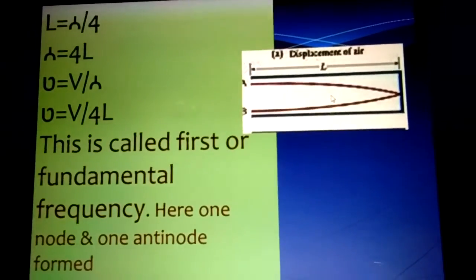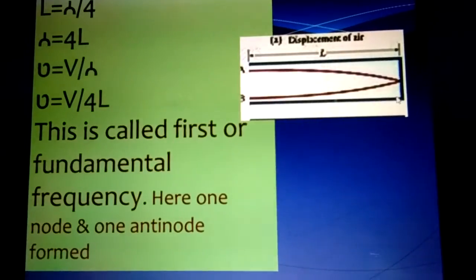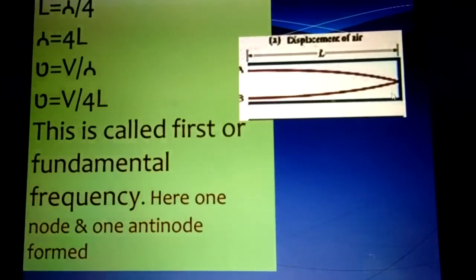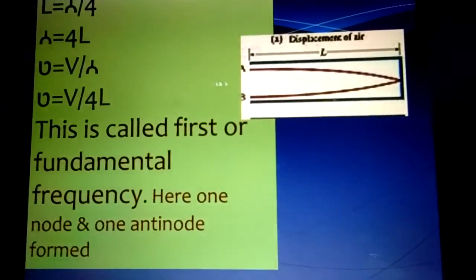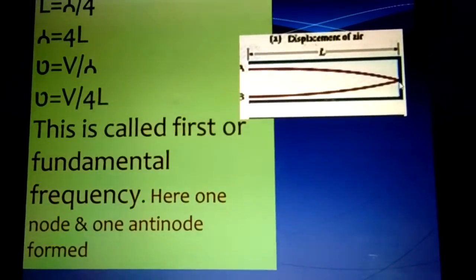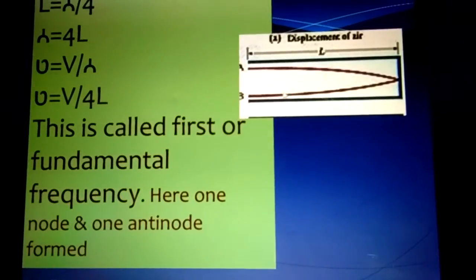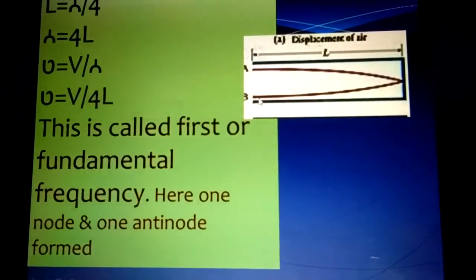So this is the closed pipe. One end is open, another end is closed. The wave comes into this side, travels in the closed pipe, and is reflected at this point, then superimposes with the reflected wave in the closed pipe.